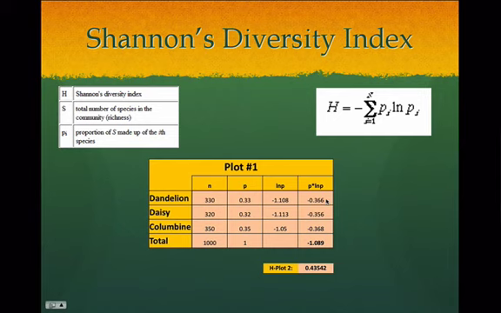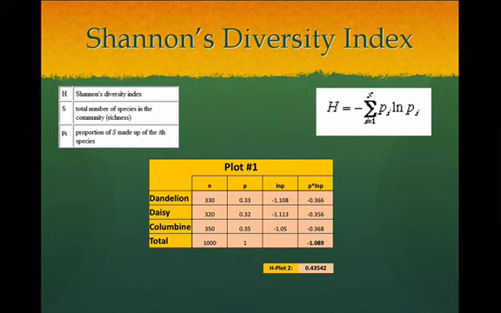So you would take 0.366, 0.356, and 0.368, which are all negatives, and add them up, and you get negative 1.089, which in Shannon's diversity index you multiply by a negative, and you would then be yielded with a positive 1.089 for your diversity of that area.